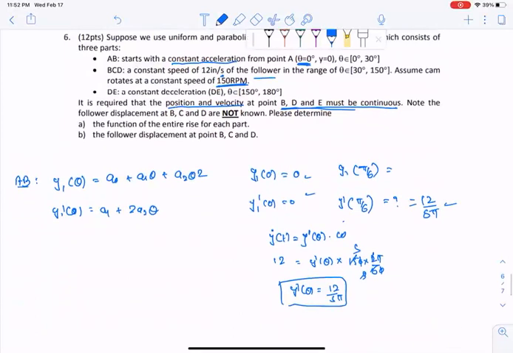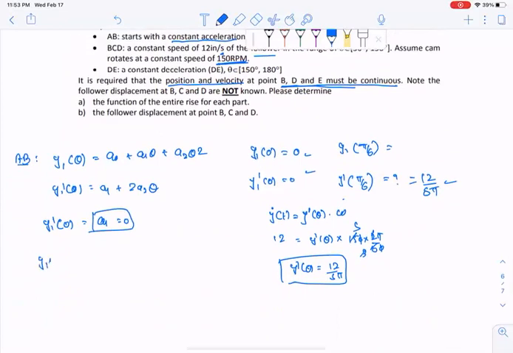Now substituting my values, y dash of 0 is equal to a1, which is 0 from one of the boundary conditions, and y1 of 0 is equal to a0, which is also 0.